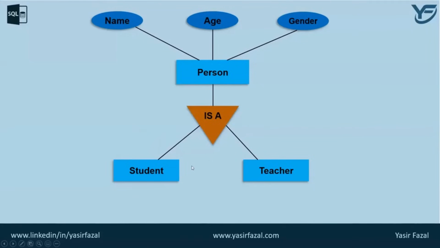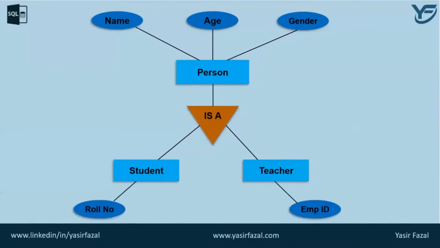In a specialization with inheritance, all the attributes present in the parent class shall be present in the child class as well. But a child entity can also hold some of its own attributes.